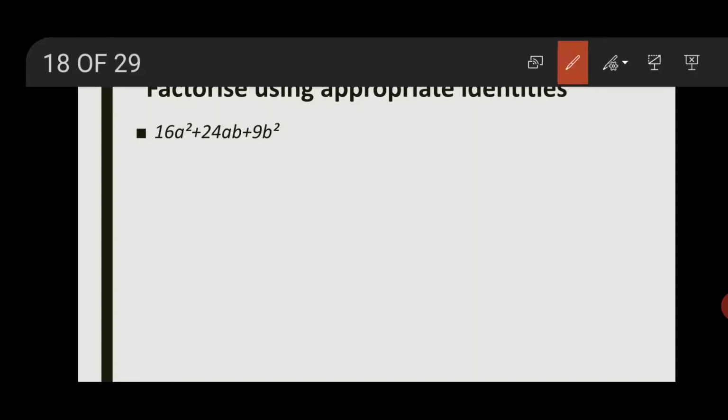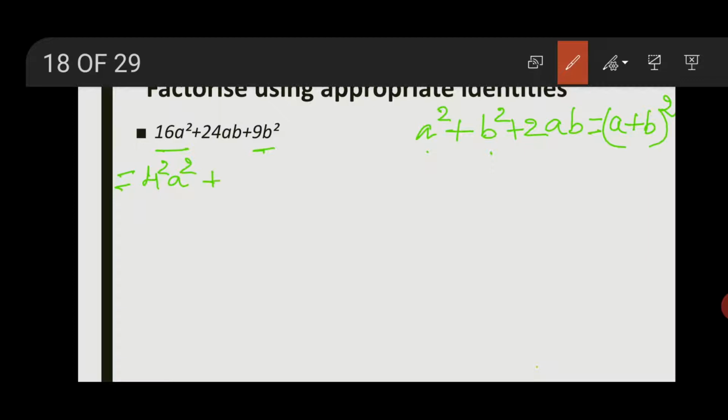Yes, I can use a square plus b square plus 2ab is equal to (a plus b) whole square, because 16a square and 9b square I can write in the form of a square plus b square. So 16a square we can write as 4 square a square.